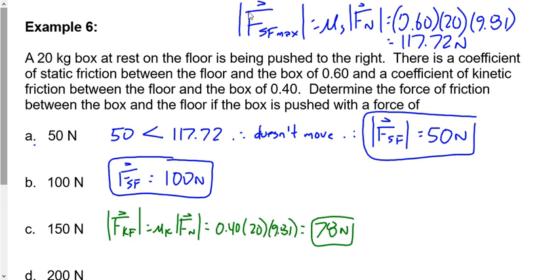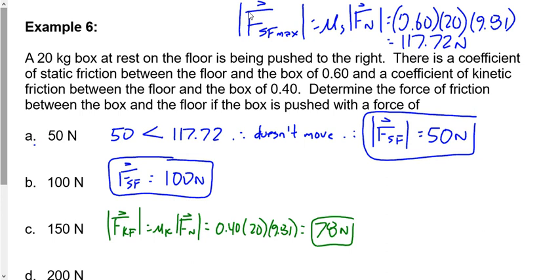If I push with 200 newtons, does it move? Luke, does that move? Yep. What's the force of friction here? It's kinetic, right, because it's moving. Ethan, what's the value of the force of kinetic friction, do you think? Brayden, do you know what the value of kinetic friction would be here? 78 newtons.